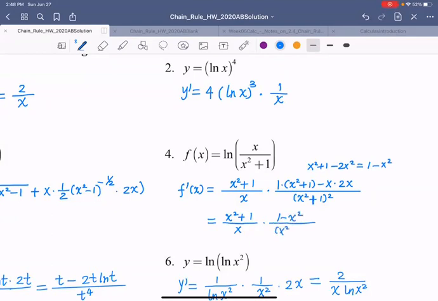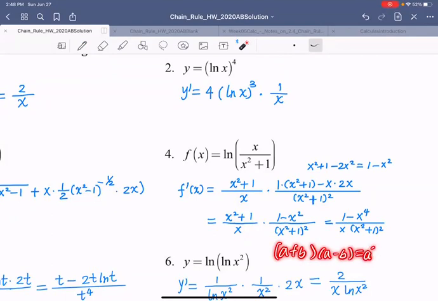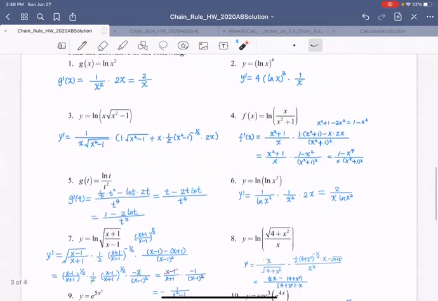If you want to write the denominator in one step, it's 1 minus x to the power 4, because a plus b times a minus b equals a squared minus b squared. 1 squared is 1, x squared squared is x to the power 4. That's the final answer.